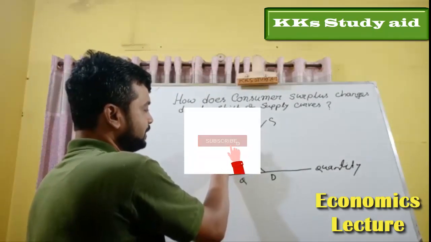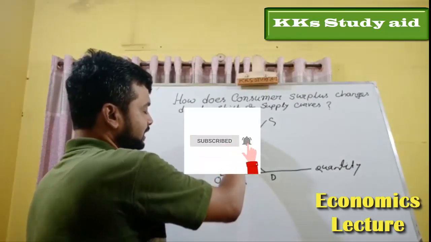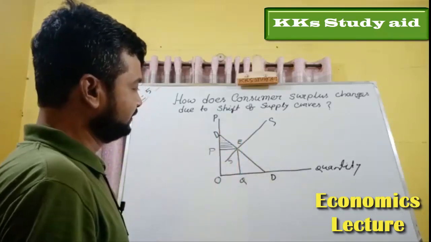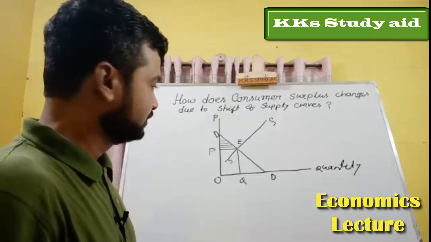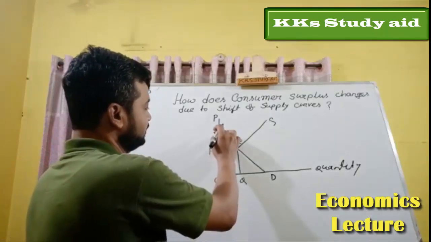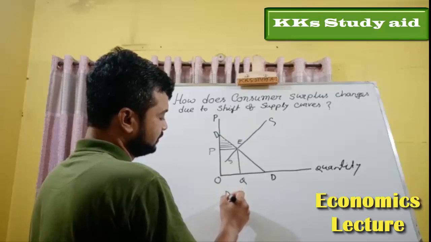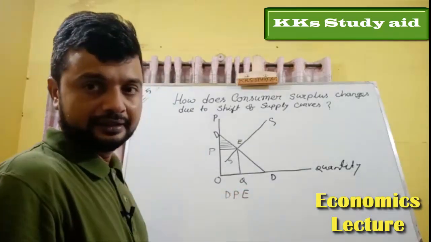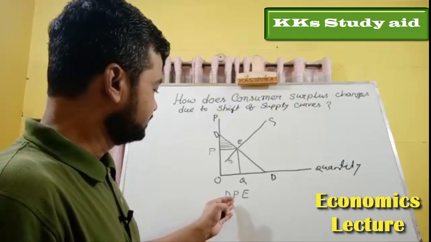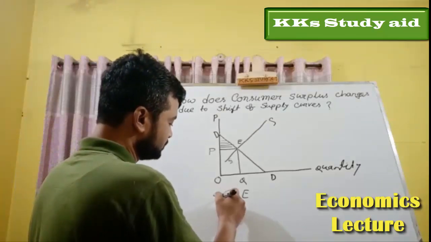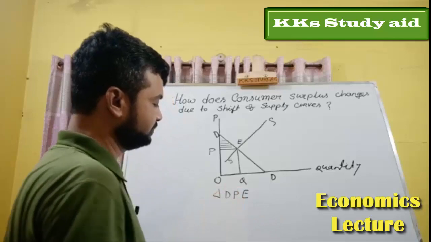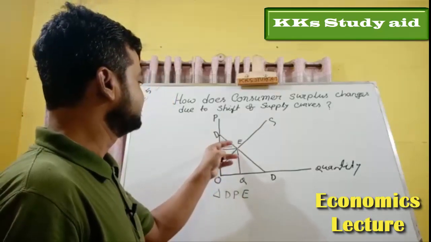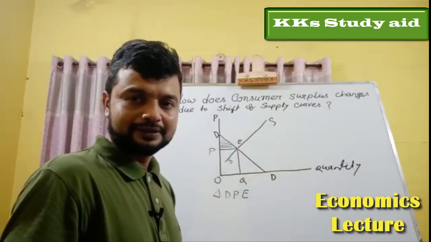So above this price line and under the demand curve there is an area, and this area is triangular shaped, which we call the triangle DPE. So the triangle DPE is to be considered as the consumer surplus.